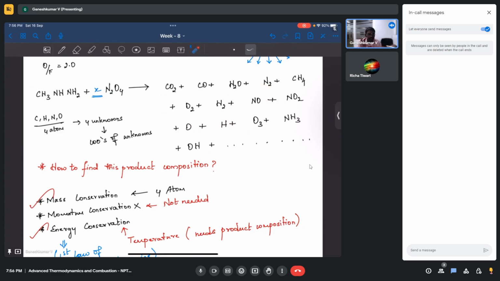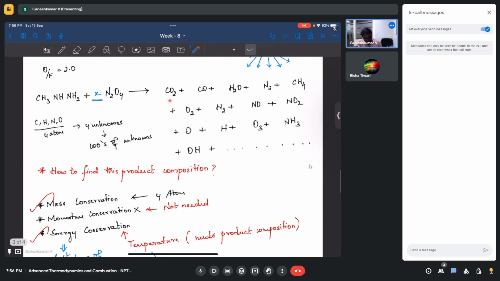So all this dissociation and recombination reaction is what gives rise to all of these products, right? CO2 and H2O, which are formed by oxidation, actually dissociate, undergo recombination reactions, and try to form the whole set of products.